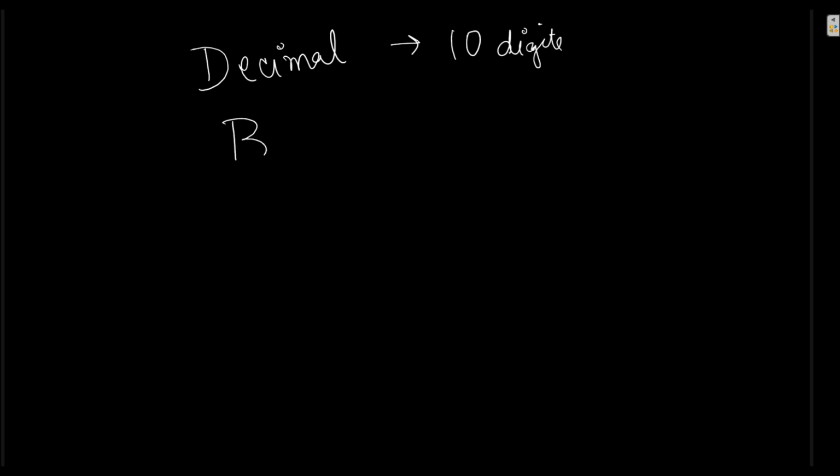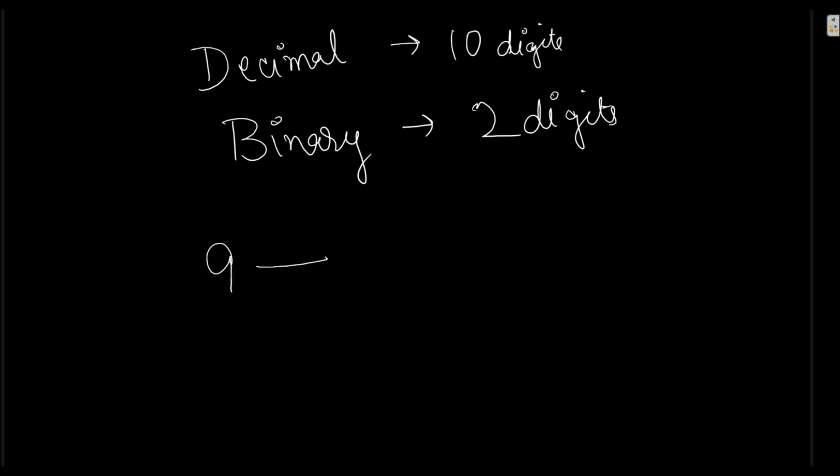We can relate it to number systems. For the decimal number system, we have 10 digits. For the binary number system, we have 2 digits. So to convert a decimal number to binary, what did we used to do? We used to divide by 2, right?